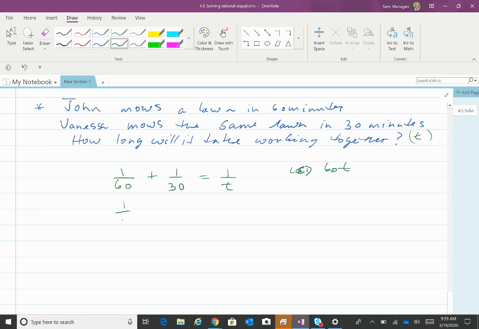So everything gets multiplied by 60T. 60 cancels out. 30 goes into 60 two times, and T cancels out with T to give T plus 2T equals 60. So 3T is equal to 60, so T is equal to 20.